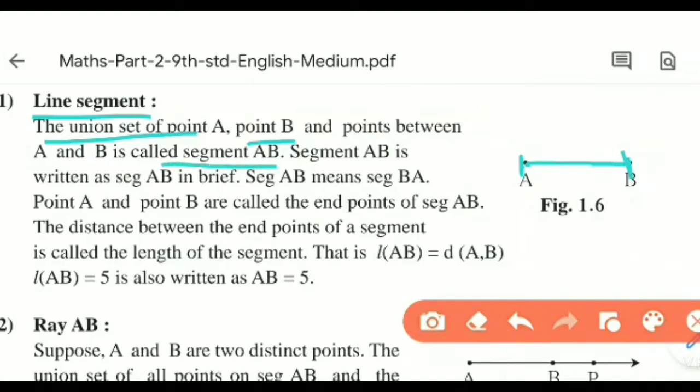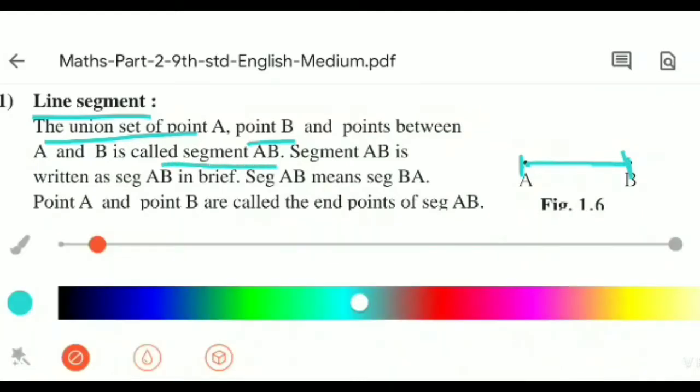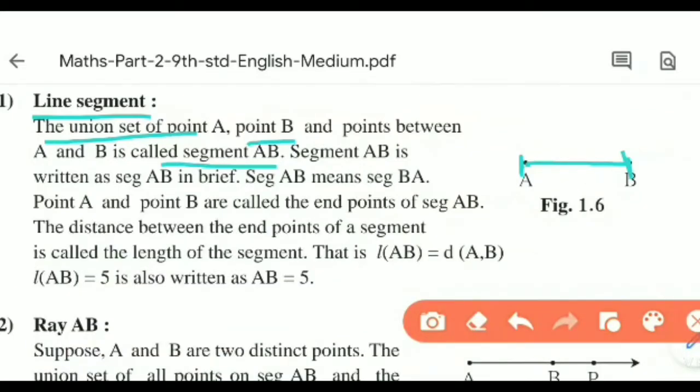Suppose I draw here another line, then you will understand. Suppose this is point P, and here one more point, this is point Q. Now to join this point P and Q, I will draw this, and this is called segment PQ.